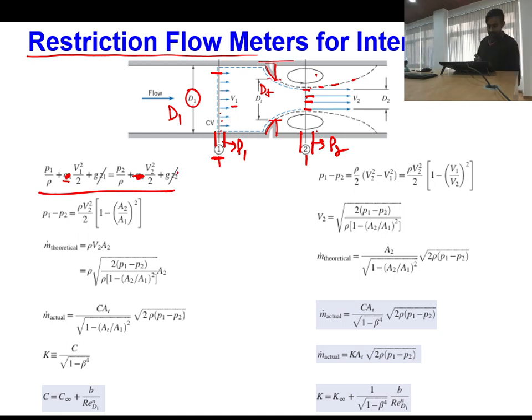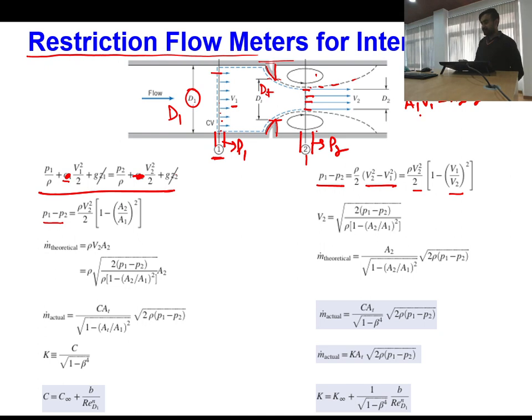And I can write from here that P1 minus P2 will be equal to rho by 2 times V2 square minus V1 square. Now I have taken V2 square common, and inside I get 1 minus V1 by V2 whole square. Now from the continuity equation I can write that A1 V1 is equal to A2 V2.